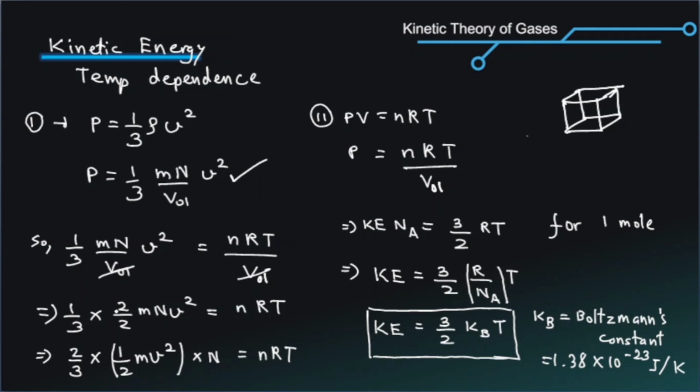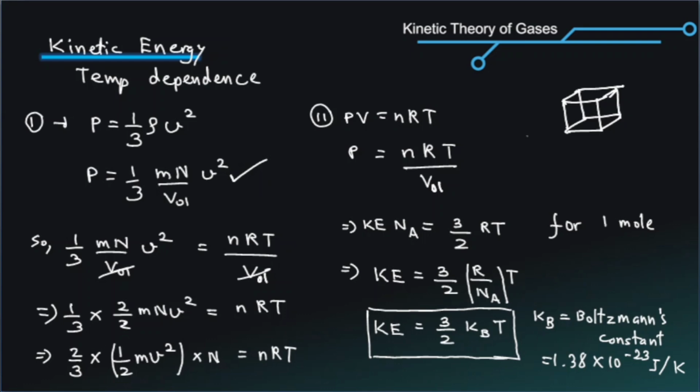Now here we need to relate kinetic energy with temperature. We have a temperature term on the right hand side, but originally there is no kinetic energy term on the left hand side, and we know that kinetic energy is half m v squared. So what do we do? We multiply 1 to this left hand side term. 2 by 2 is 1, 3 by 3 is 1, 4 by 4 is 1, any number divided by itself is 1. So we get 1 by 3 into 2 by 2 into m into N, that is the total number of molecules, into v squared.